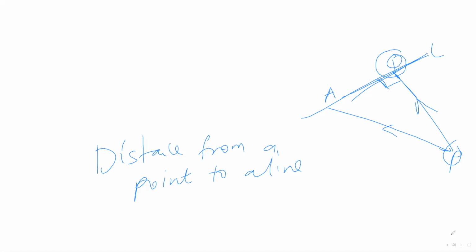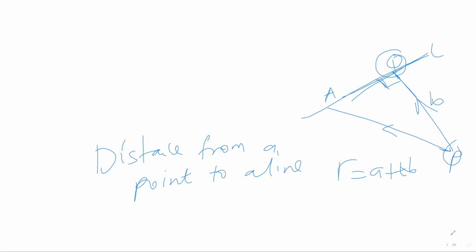So this Q is like a foot of that point P to the line L, right? And remember, if we are finding the equation of the line, how do we write it? It's A plus TB. This is B, we are talking about the direction, and A is any point on the line, right?